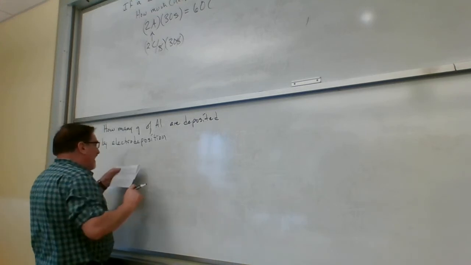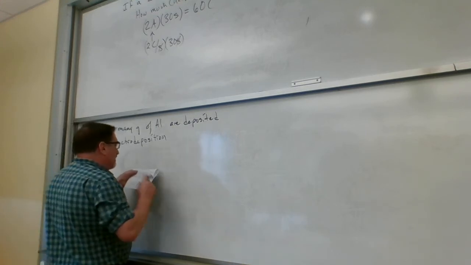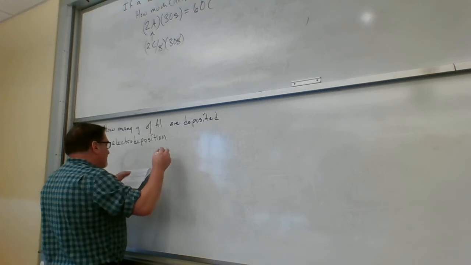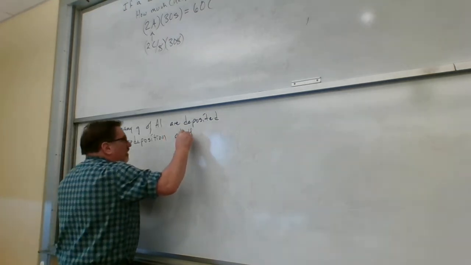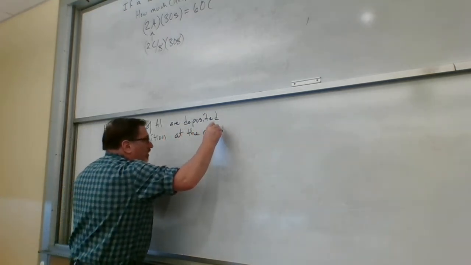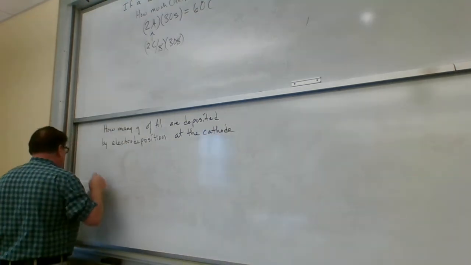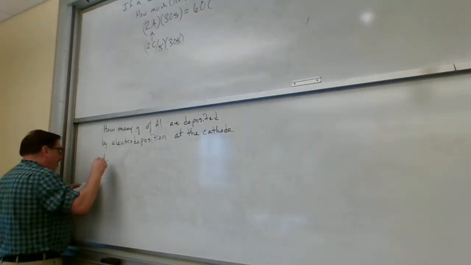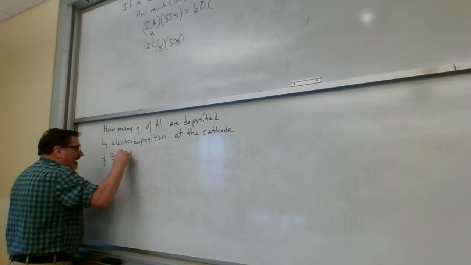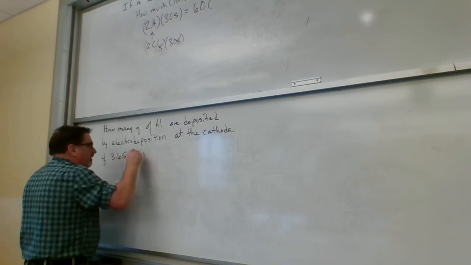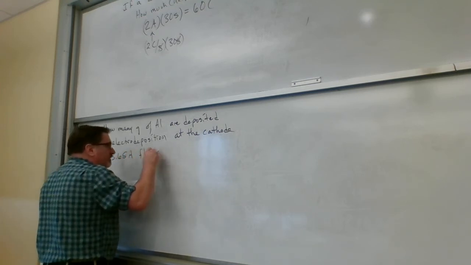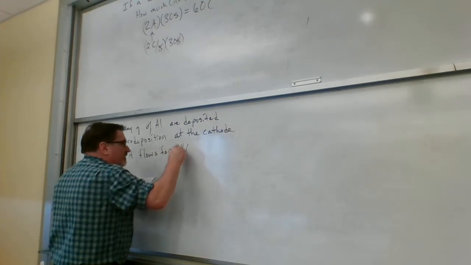So electrodepositing aluminum, how many grams of aluminum are deposited at the cathode if 3.65 amps of current flows for 40 minutes.